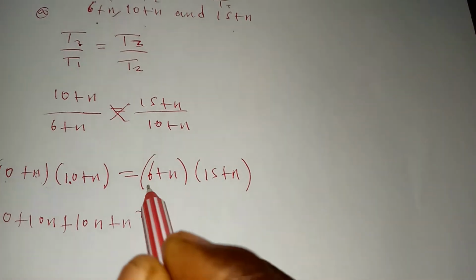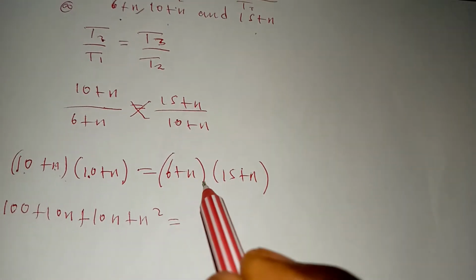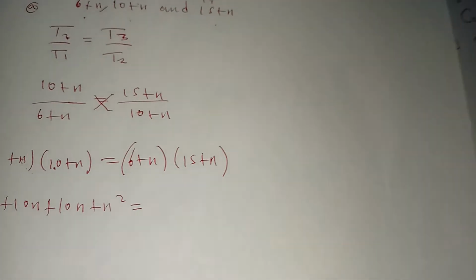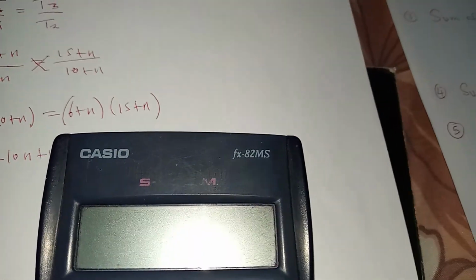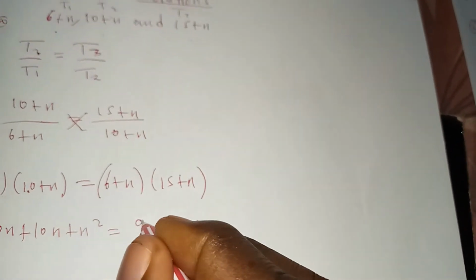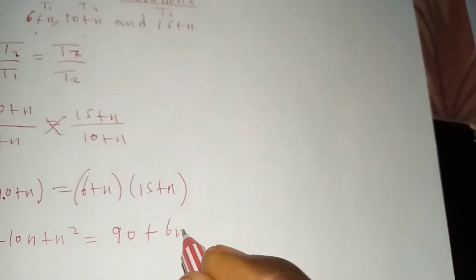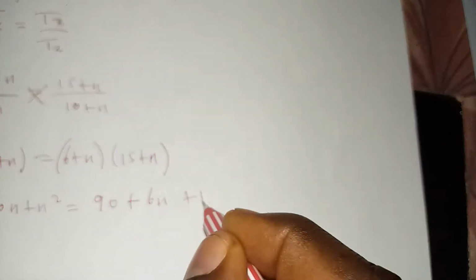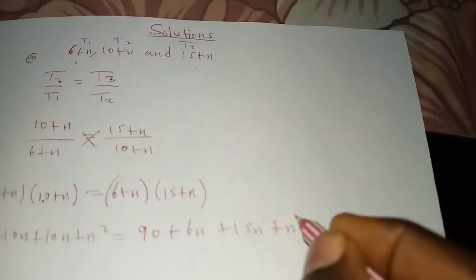We do the same on the other side, 6 times 15 there. Use a calculator to answer that. 6 times 15 to give you 90 there. So you write 90 plus 6 times n to be 6n. Continue. This will be n times 15 now, that is 15n, and n times n to be plus n squared.